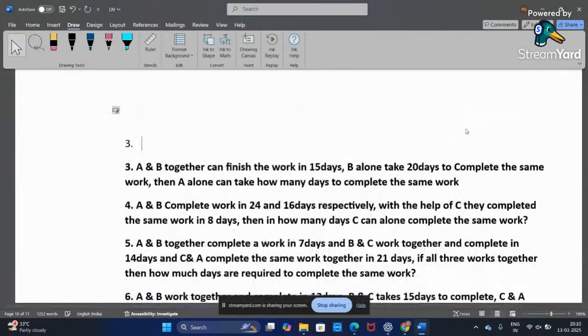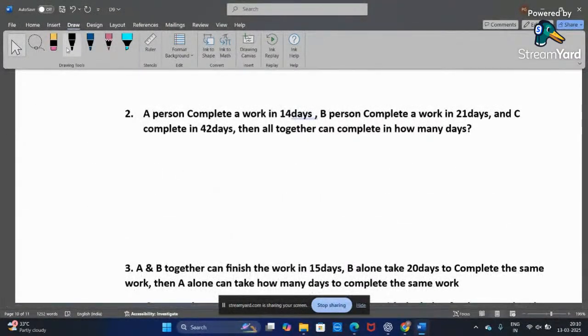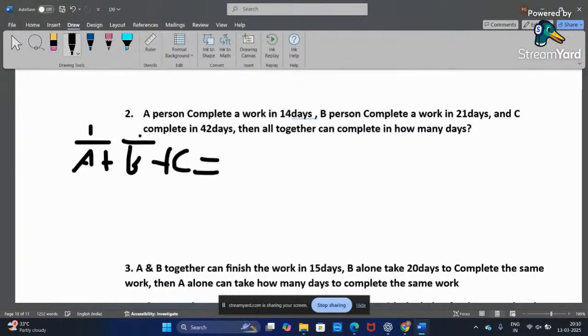Second one, you need to add. Let me write it down directly. We need the A plus B plus C answer. So it should be in the form of 1 by A, 1 by B, because in time and work we have to find the answer in the form of LCM.